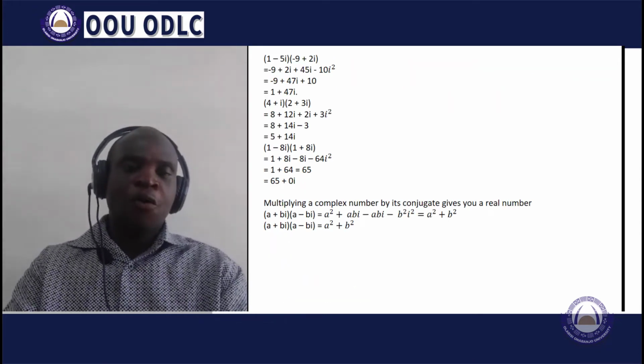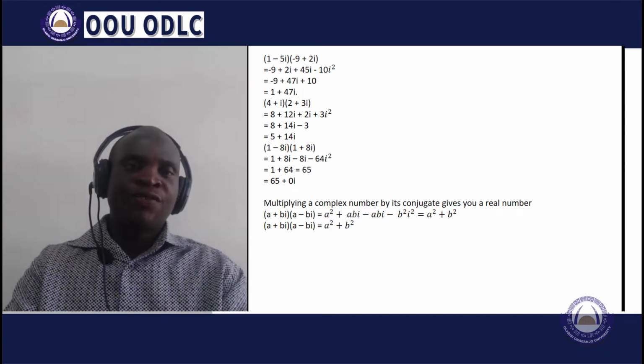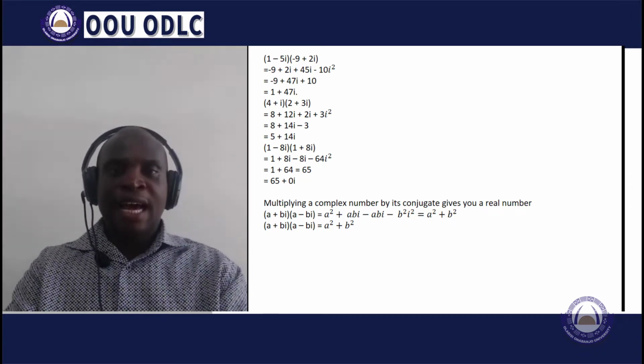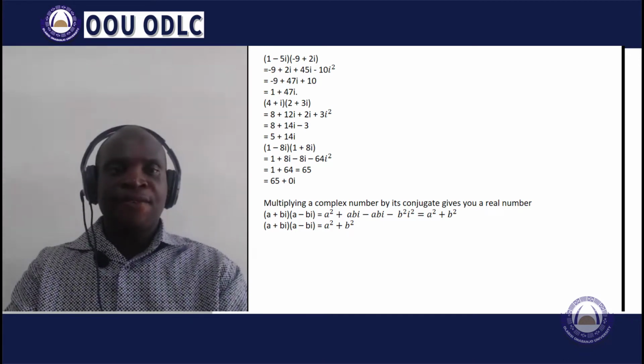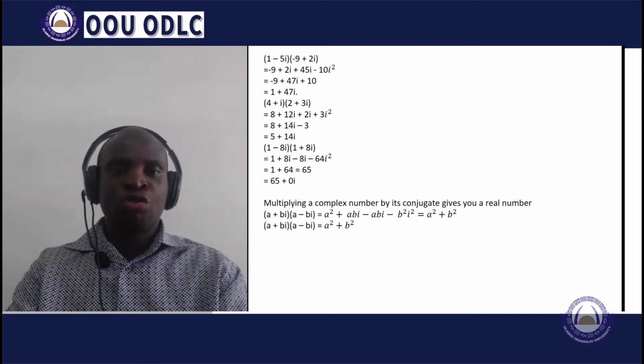Now, for the second one, we have 1 minus 5i into bracket minus 9 plus 2i.